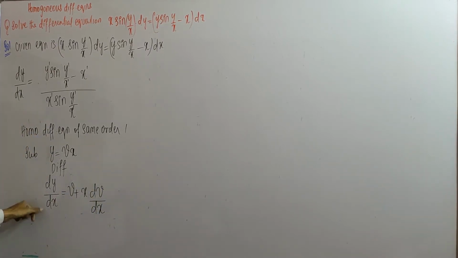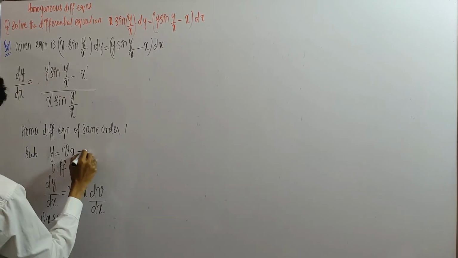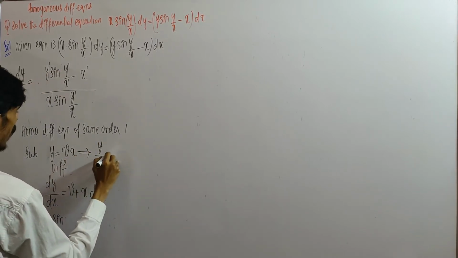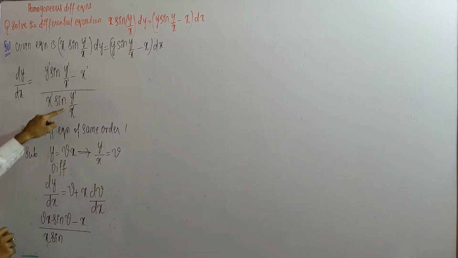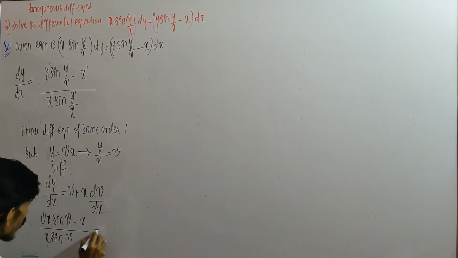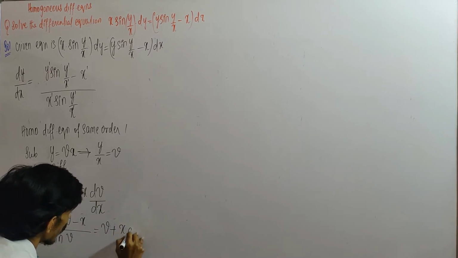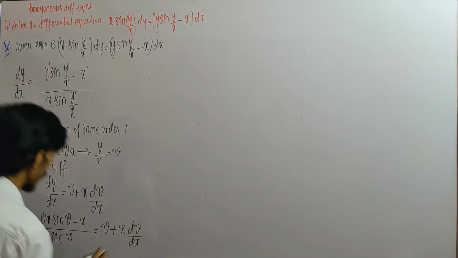Now replace this dy by dx from this equation. Here we have y value is vx, so we'll get vx into sin(y by x). From this, y by x value is v, so here I'll get sin v, minus x upon x into sin v, equal to v plus x dv by dx.